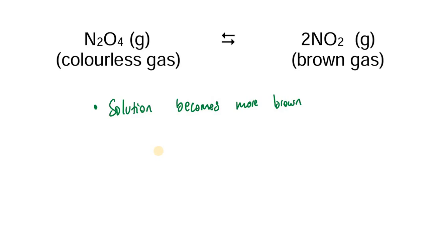So if the solution becomes more brown, I should understand that the color the system is becoming means that the reaction that was favored is going to that color.